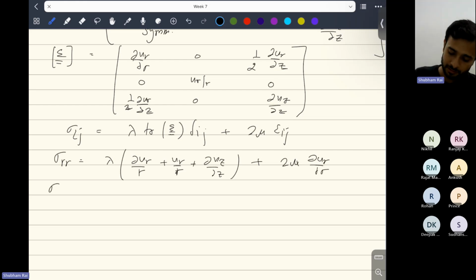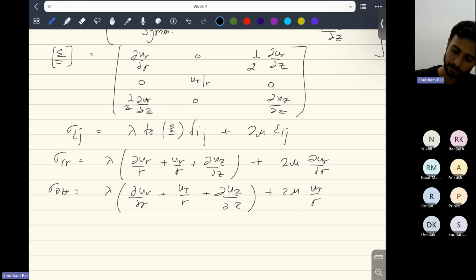This is σ_rr, and then we have σ_θθ. Again the trace of epsilon will remain the same: ∂u_r/∂r plus u_r/r plus ∂u_z/∂z plus 2 mu epsilon_θθ. So epsilon_θθ is u_r/r, right?